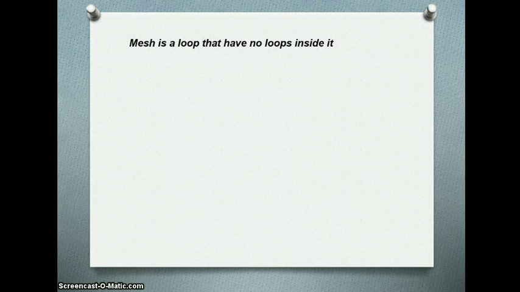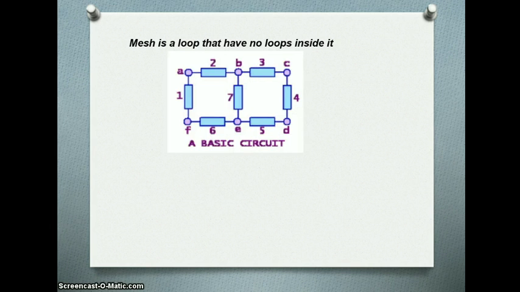So what is the difference between the term loop and mesh? We often use these two words in place of each other, but there is a basic difference between mesh and loop. Mesh is the term that we use to represent inner loops. That means if you say that this is a mesh, it cannot have any inner loops inside.